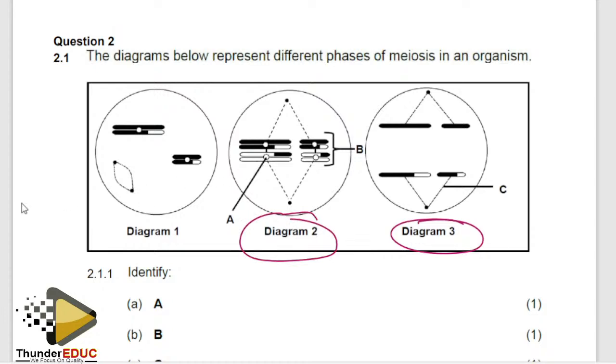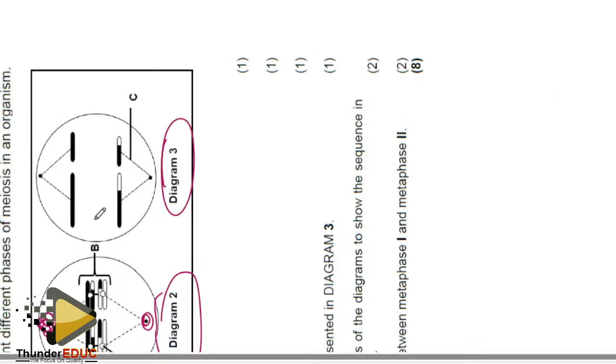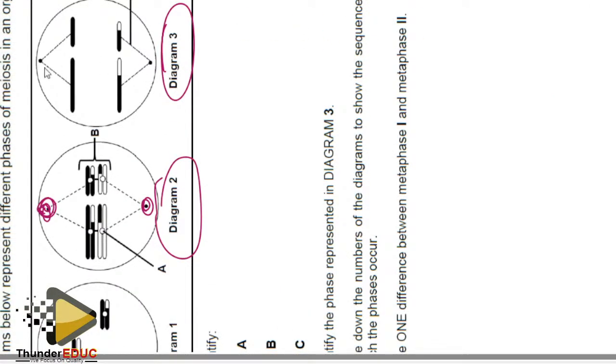Guys, whenever they ask you about the phase, please turn your paper if the centromere, the centrioles, are not on the sides. So turn your paper so that it looks like this. I think this is east and this is west. If I'm not a geographer, I hope this is correct.